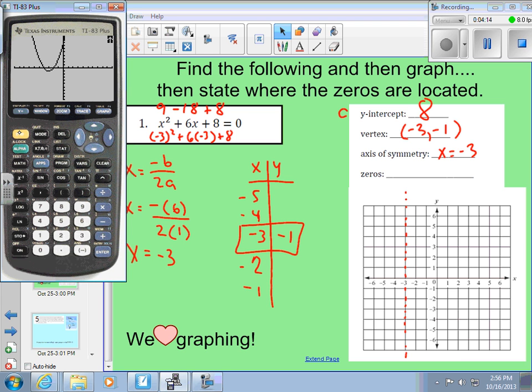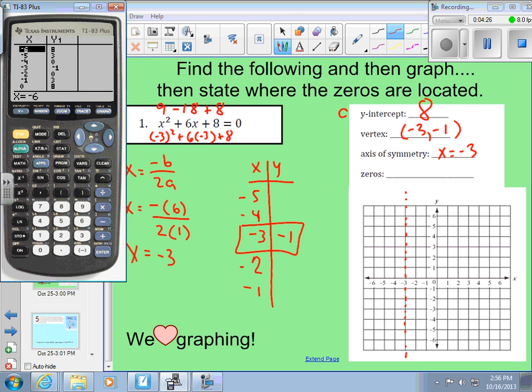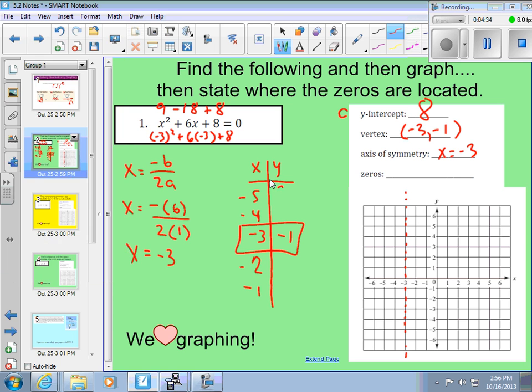Let's bring up our table, though, so we know where the points are. And we said we want to have this kind of centered around negative 3, so we have some numbers here. All right, so putting those numbers in at negative 5, we see it's 3, at negative 4, 0, negative 2, 0, and so on. So filling in our table here, we have 3, 0, 0, 3.